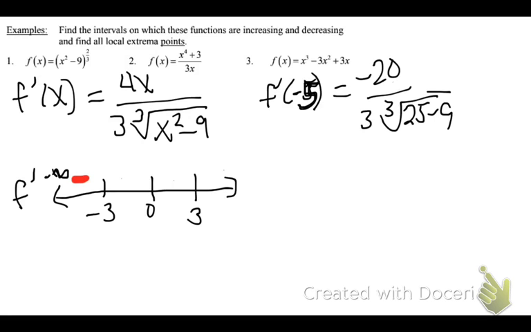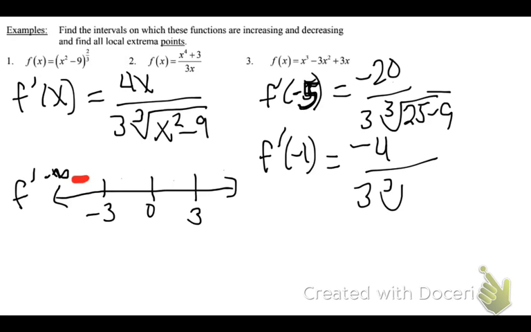So now let's check the second interval. A number that's between negative 3 and 0. Let's try negative 1. And we're plugging this into the derivative. So 4 times negative 1 is negative 4. 3 times the cubed root of negative 1 squared is 1, 1 minus 9 is negative 8.